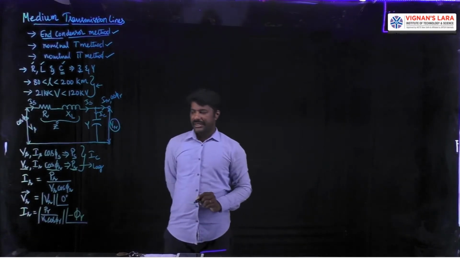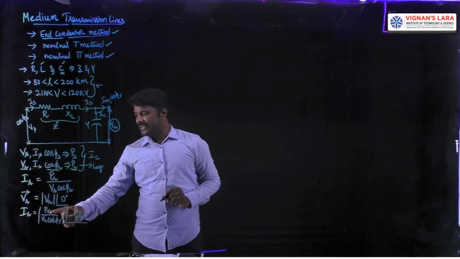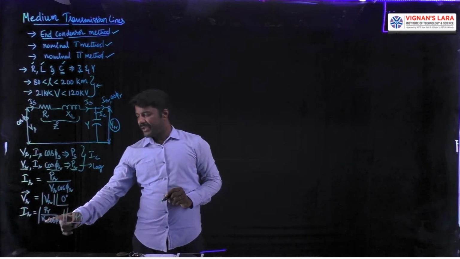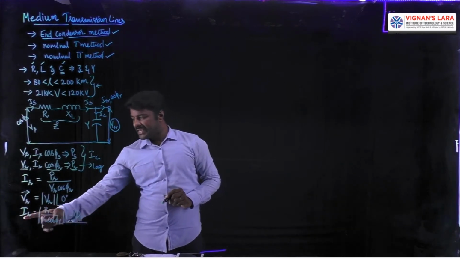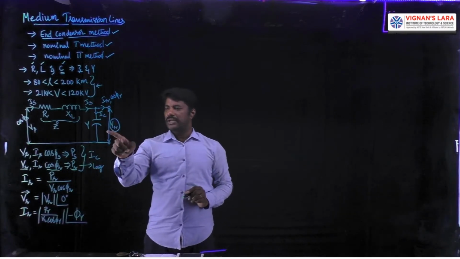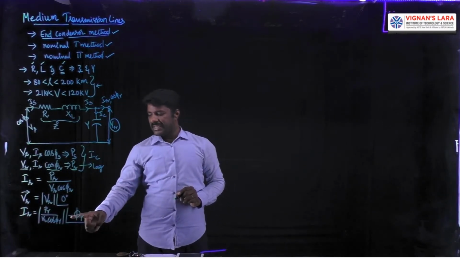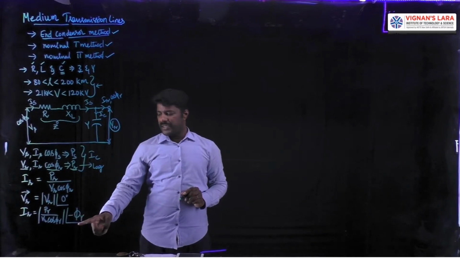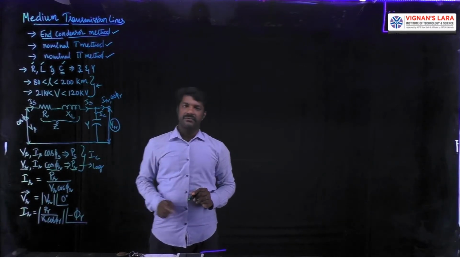So that is about the receiving end current whose magnitude is PR by VR cos phi r. Since it is a lagging current, assuming that the load is a lagging load, the sign will be negative with the phase angle on the receiving end side as phi r.